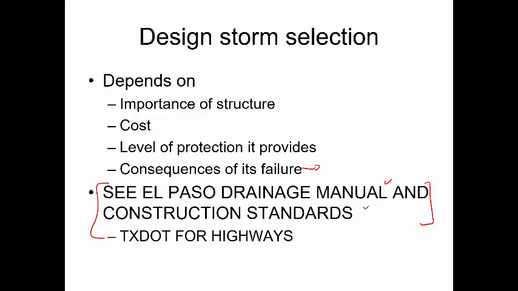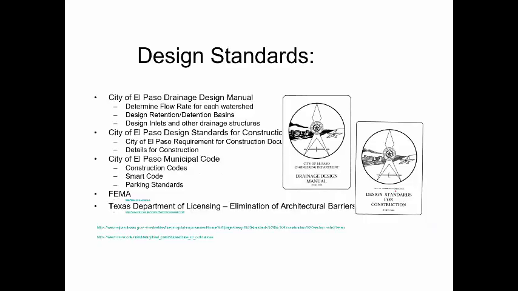So what you will have in your Blackboard is the complete manual, okay? These are copies of those manuals. So whenever you're going to design a structure in El Paso, you're going to refer to these two, the Drainage Design Manual and Design Standards for Construction. It will tell you everything you need to know to design your hydraulic structure in El Paso.